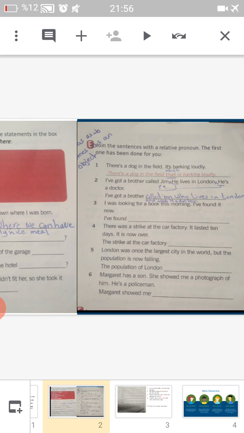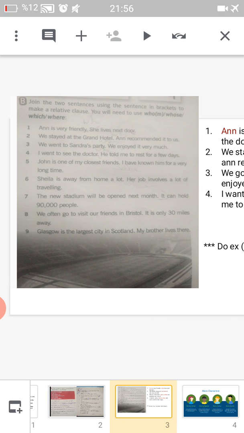Now, please open your workbook at exercise B. Join the two sentences using the word in brackets to make a relative clause. You will need to use who or whom, whose, which, where. Number one, Anne is friendly.